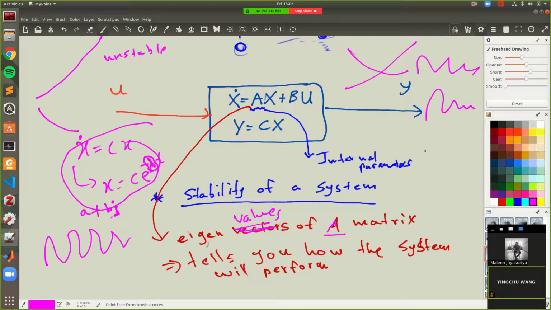Oscillates and goes down, or oscillates and goes up, right? And the reason behind that is because those eigenvalues are related to your differential equation solutions' exponential time constant.